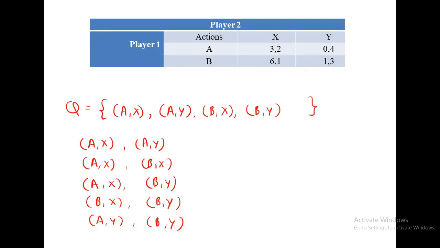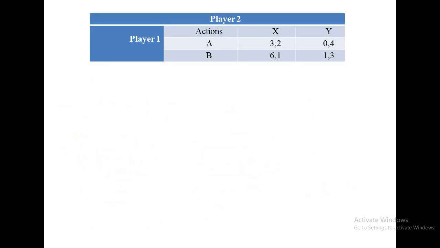What are the other pairs? So far we have checked this pair. Now we will check AX and BX. Again we need to calculate the utility for both players for this pair of profiles.